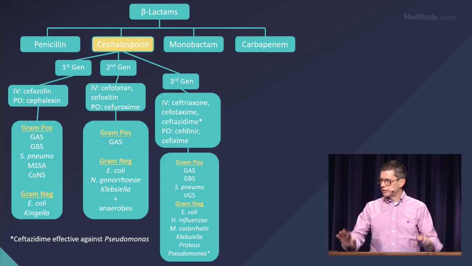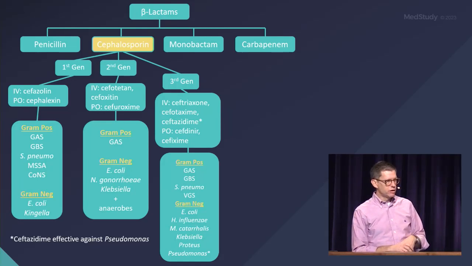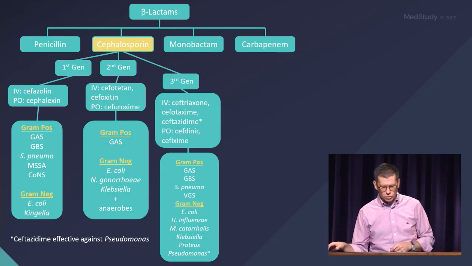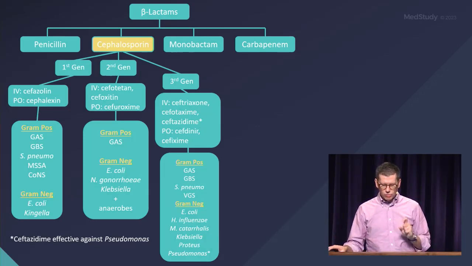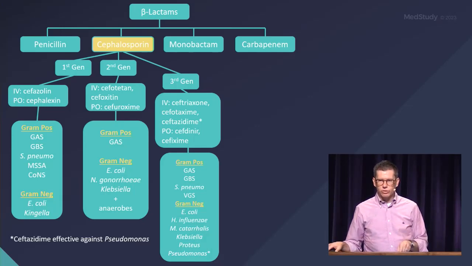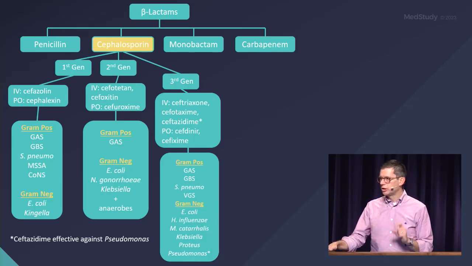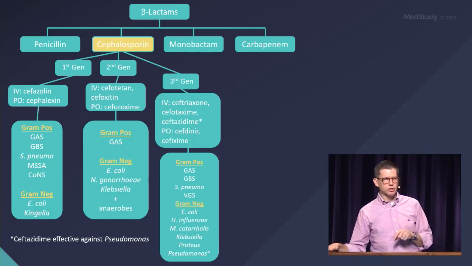There are also nuances, immunocompromised kids, et cetera, but for the most part, this class of drugs will cover all the things you worry about in ambulatory pediatrics. The one note is that ceftazidime, a third generation cephalosporin, does have Pseudomonas coverage as opposed to the other IV options, ceftriaxone and cefotaxime. The orals do not have Pseudomonas coverage either.